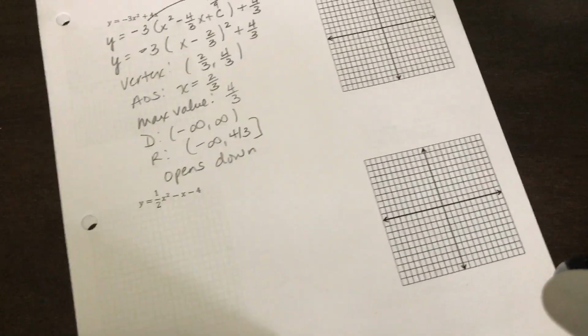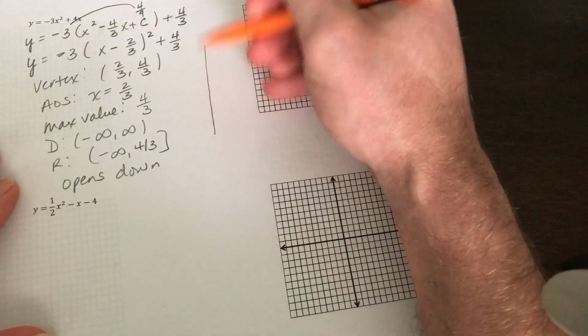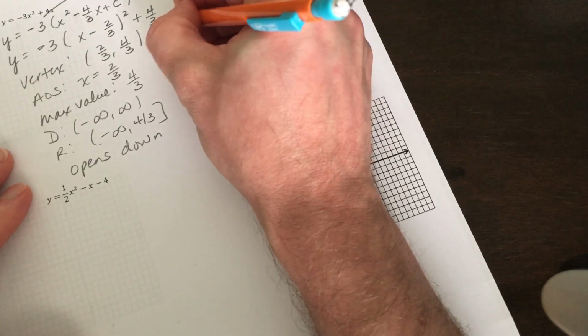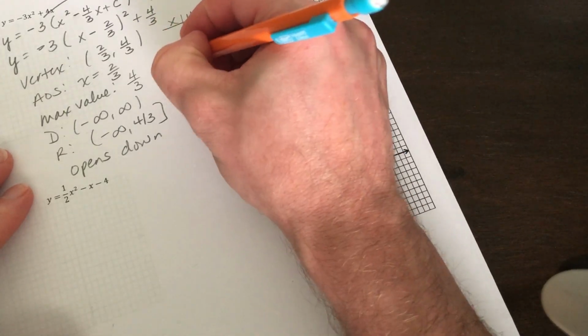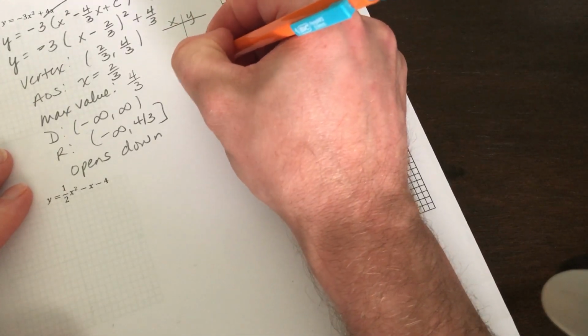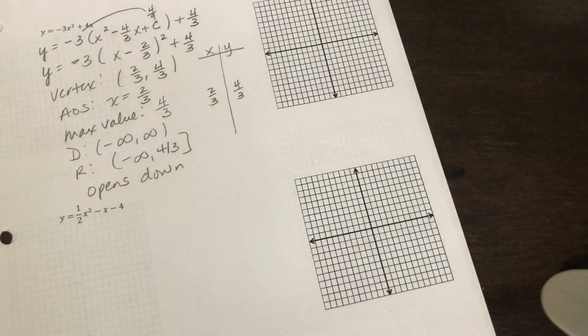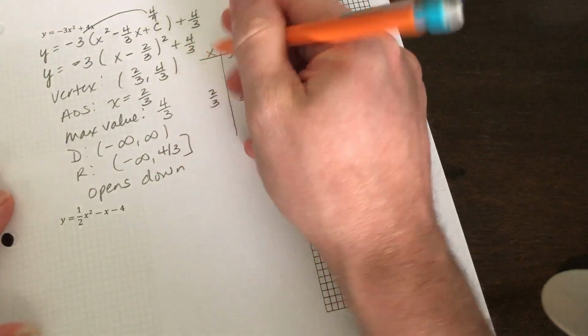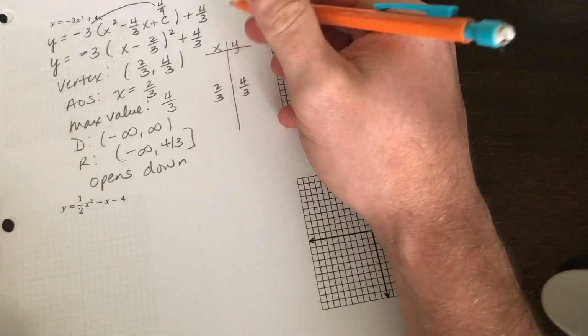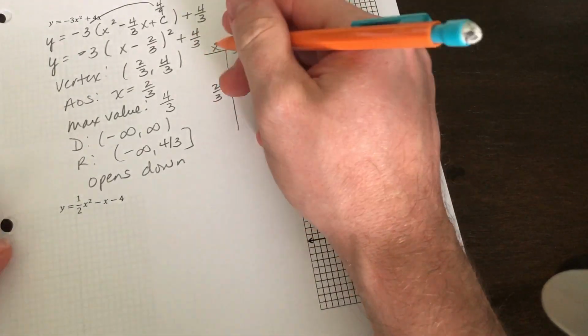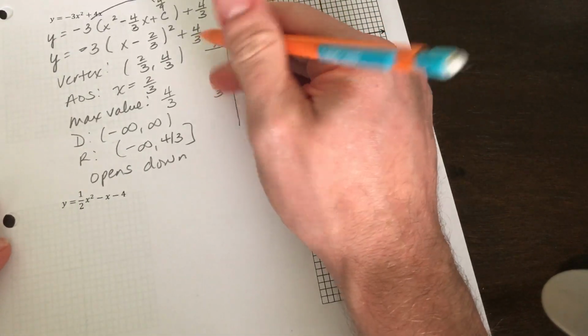These points are going to be a little weird because we've got fractions, so we're going to do our best. So 2/3, 4/3. I suggest you get a point on each side just to be safe.